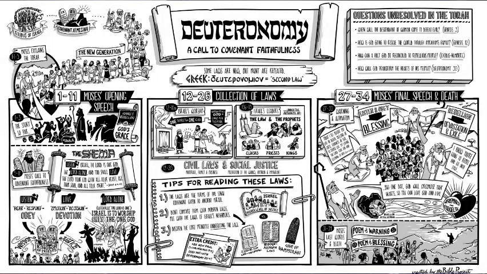And then the other subsection of that second address from 4 through 28 is the specific stipulations for life in the new land. This is from chapters 12 through 26. In 12 through 16, you have instructions for the life of worship. And then 16 through 18, instructions for leadership.